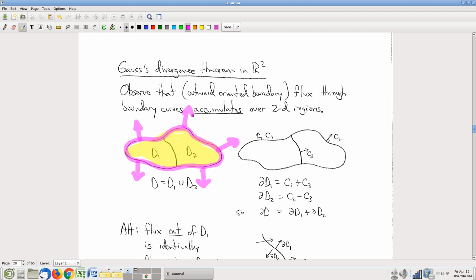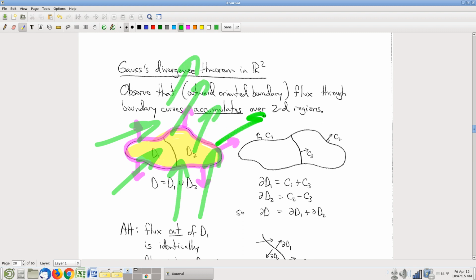Right? And we could ask, if we're interested in the flux, given some non-constant vector field, can we relate the boundary flux here, namely, how many birds are flowing into and out of our region, net.